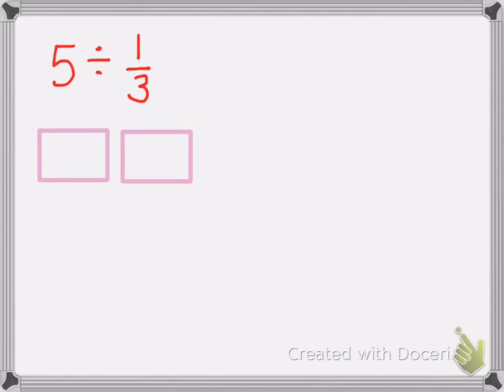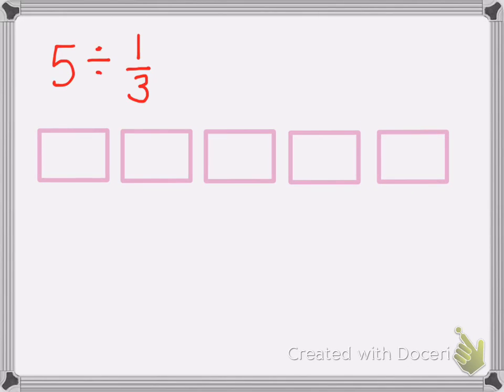There's 2, there's 3. So basically I'm just making 5 of the same size box. That's 4, and one more gives me 5. All right, so there's my 5 boxes. That represents the whole number 5.